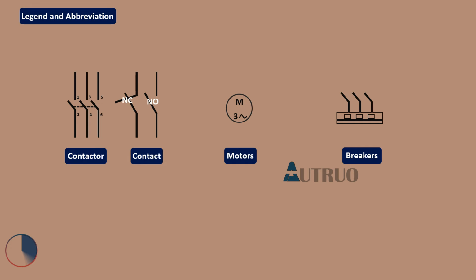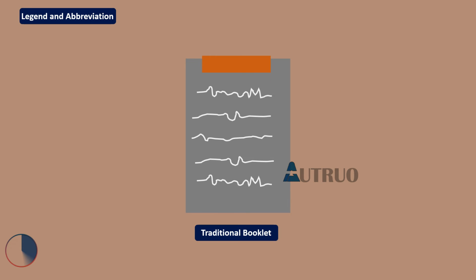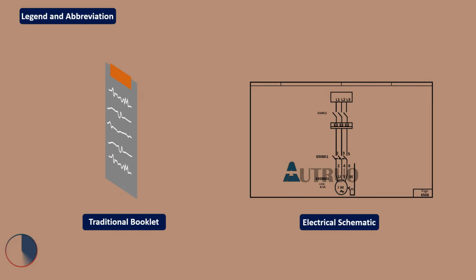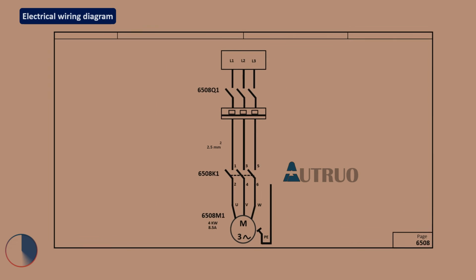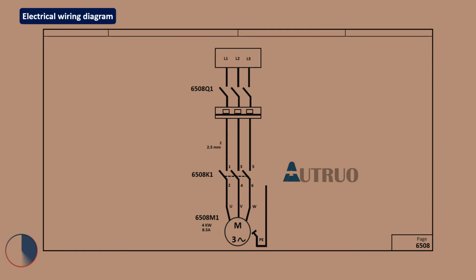Let's look at how to read an electrical wiring diagram. Reading an electrical diagram comes in multiple forms and is quite different from the traditional way of reading a document, which is usually from left to right. In an electrical wiring diagram, the reading can come in any form. For example, the source of this schematic is coming from the top of the schematic page downward.